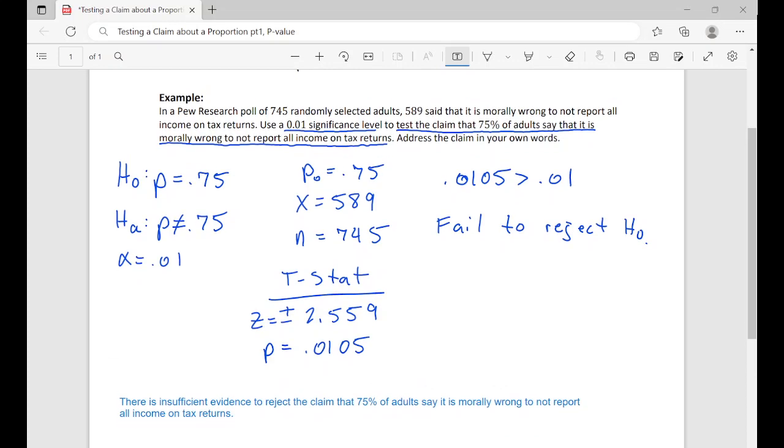So since we're using the p-value method, p is greater than alpha, we failed to reject. And we say there's insufficient evidence because when we fail to reject, we don't have enough to reject it.